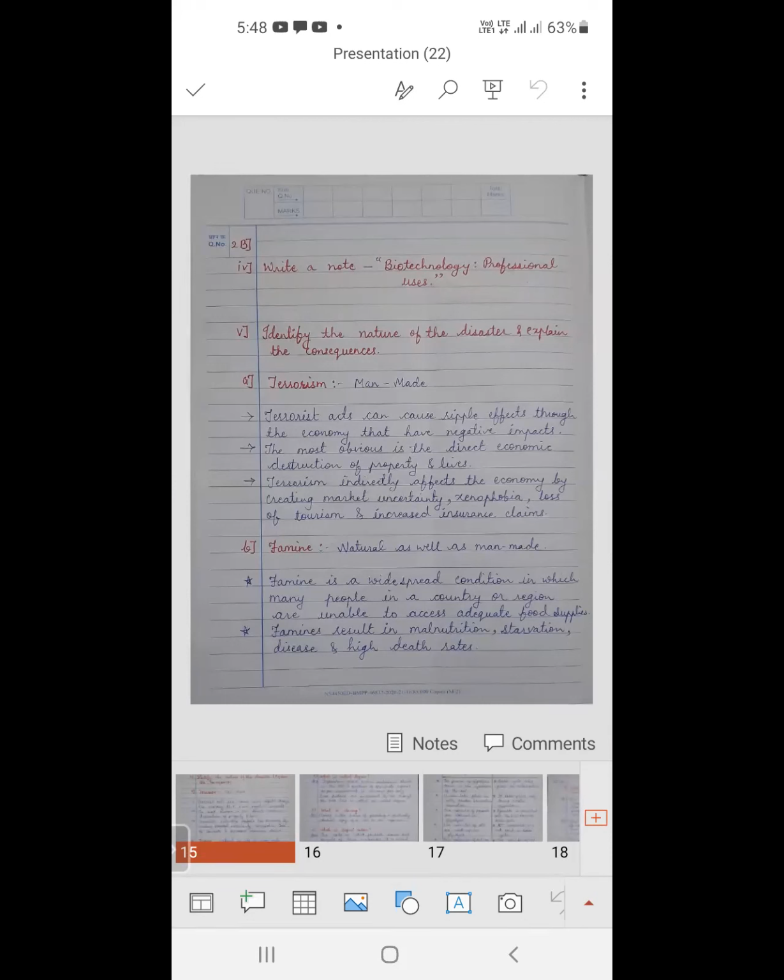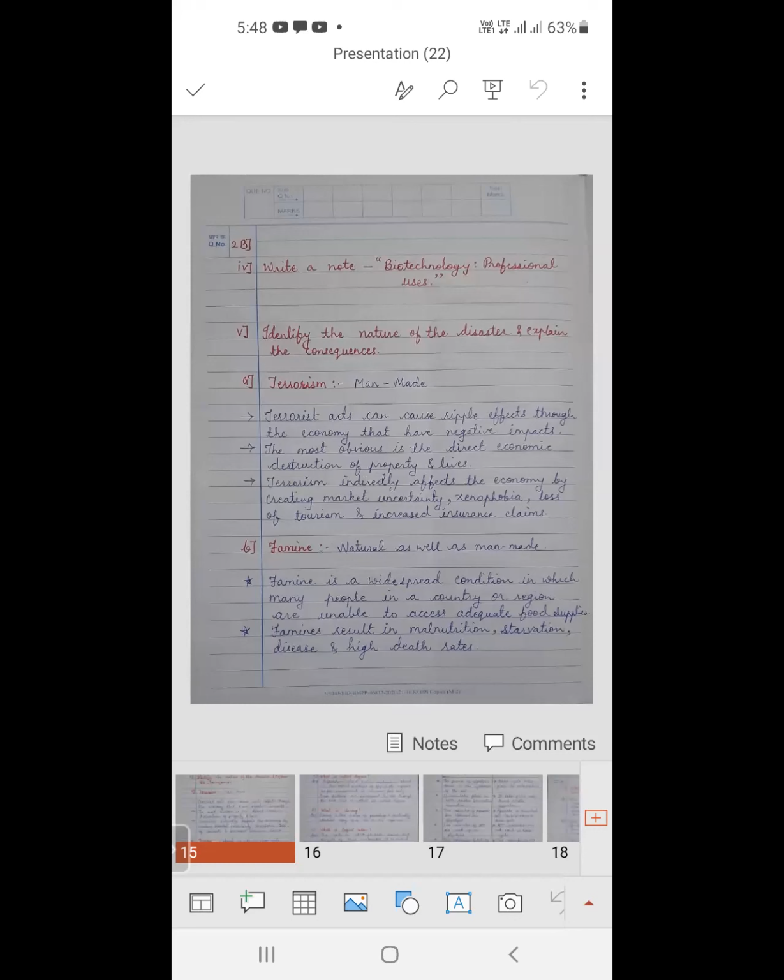Okay. Famine, it is a natural as well as man-made disaster. It means it may be created naturally, or it may be created by man. The first point, that is, famine is a widespread condition in which many people in a country or region are unable to access adequate food supplies.